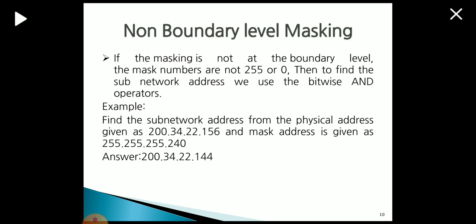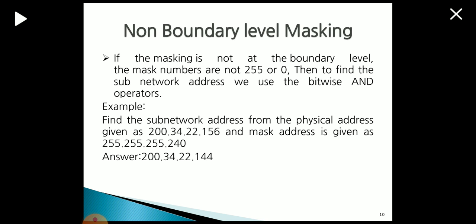Now I consider an example for that, in which we have to find the subnetwork address from the physical address given as 200.34.22.156, and the mask address is given as 255.255.255.240.